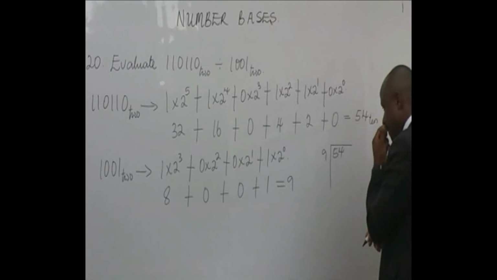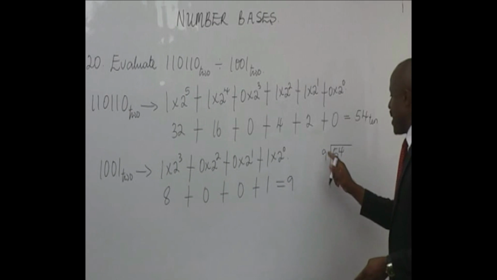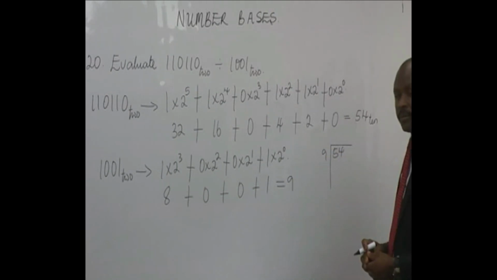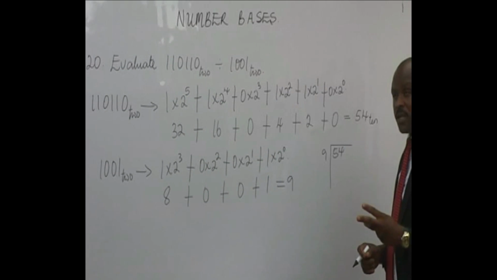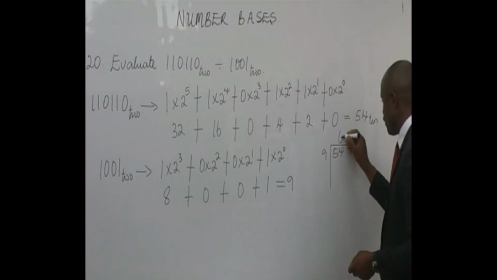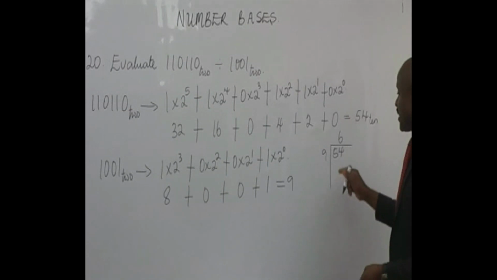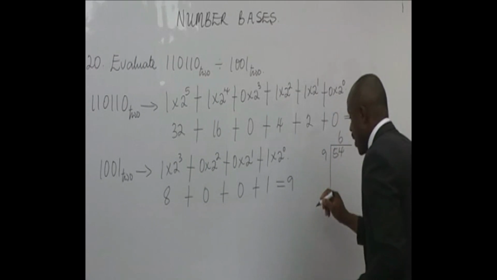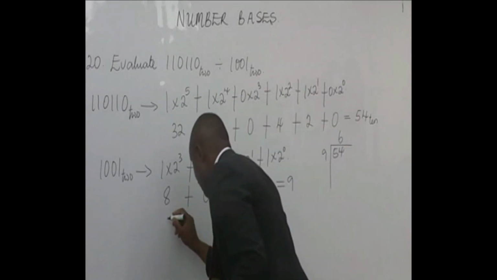How many 9s are inside 54? 5 pieces is 45. If you add another 9, it will give you 54. That means 6 pieces. So this 6 is now in base 10. We have 6 in base 10. Let's write it here.